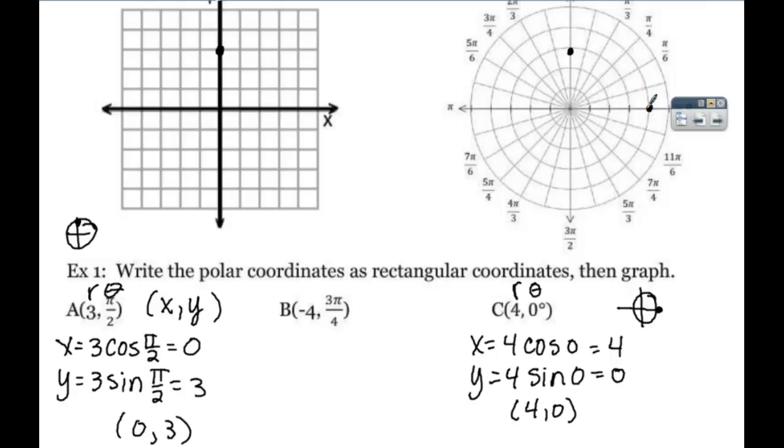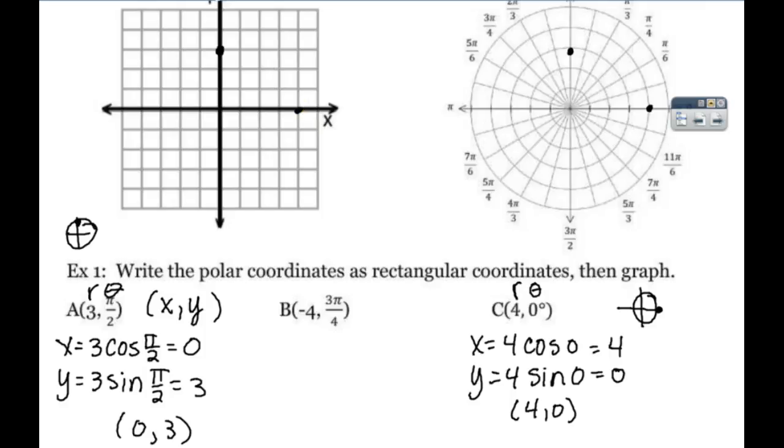What's the cosine of 0? And then times 4. Okay, so they end up graphing again in the same spot, correct?